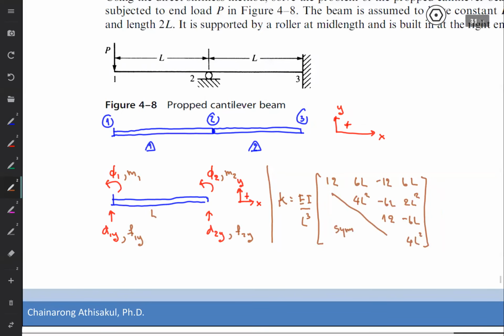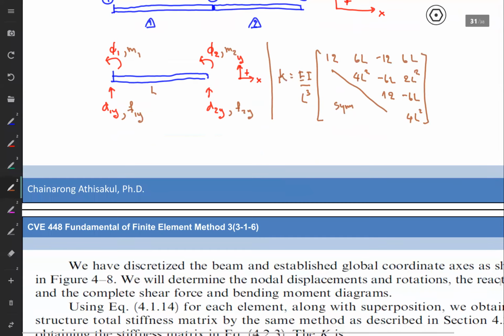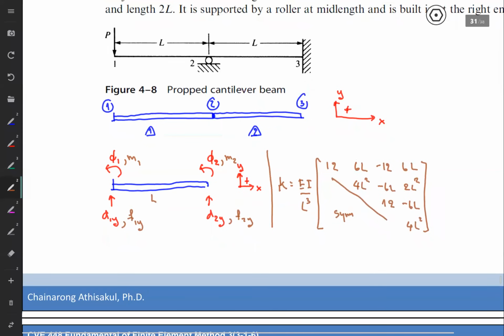After that, we form the element stiffness matrix. Both elements have the same length and the same properties, so they have the same element stiffness.